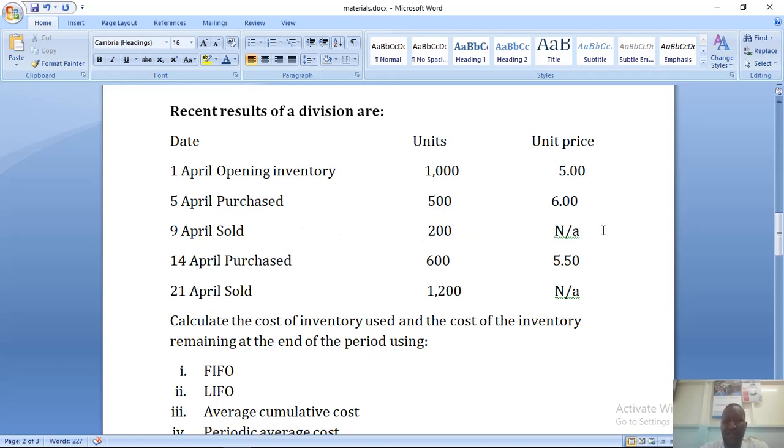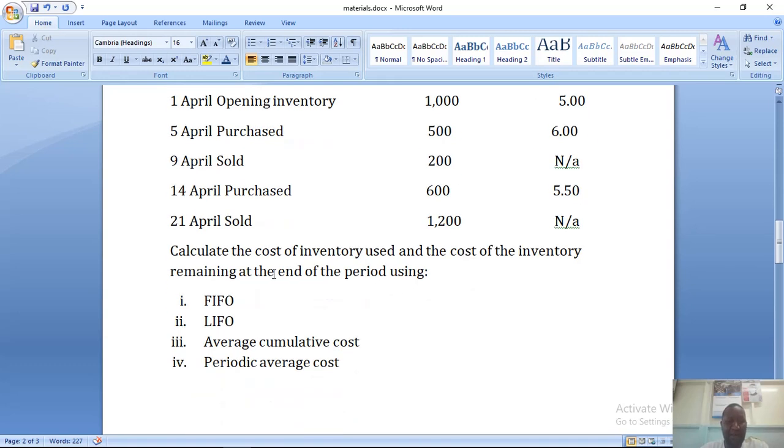We need to calculate the value of that issue. On the 14th of April, there was a purchase of 600 units at the price of 5.5. On the 21st, there was a sale or issue of 1,200 units. We need to calculate the cost of issue.